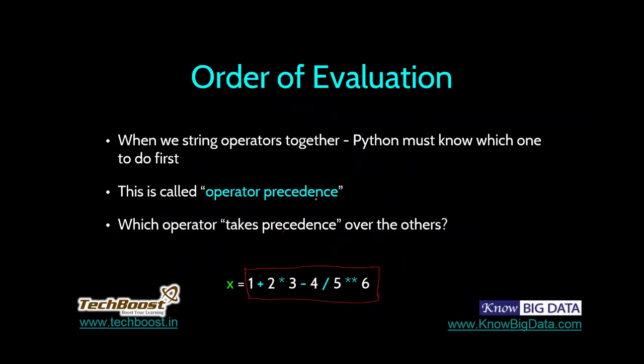In order to evaluate an expression, Python should know which one should be evaluated first, because we have addition, multiplication, power, division, subtraction, all of them together. Which one should be given preference?